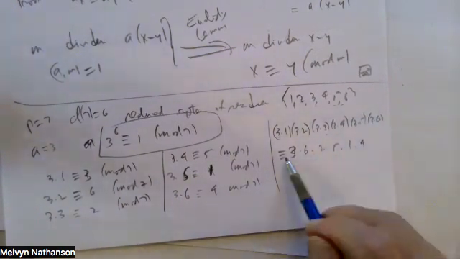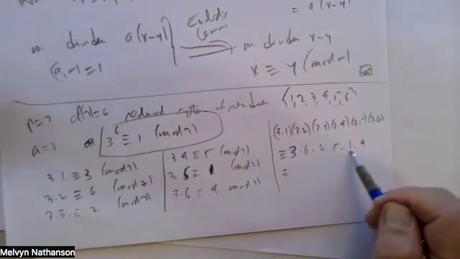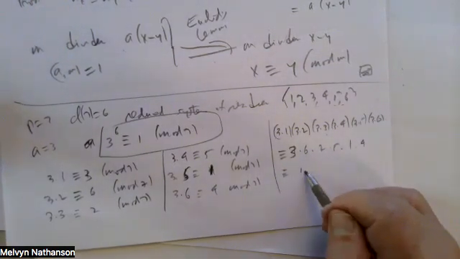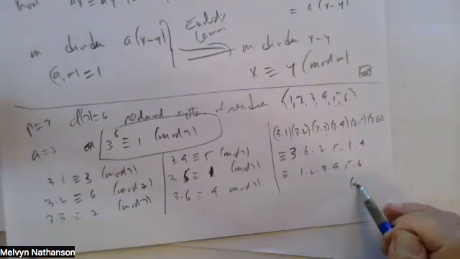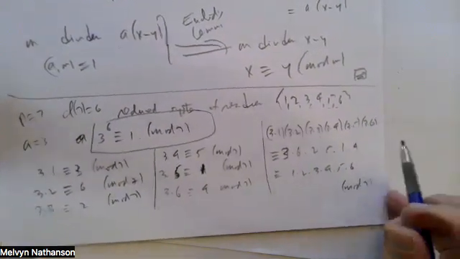So this product is equal to this, which is exactly just a rearranged 1, 2, 3, 4, 5, 6. This is all mod 7.